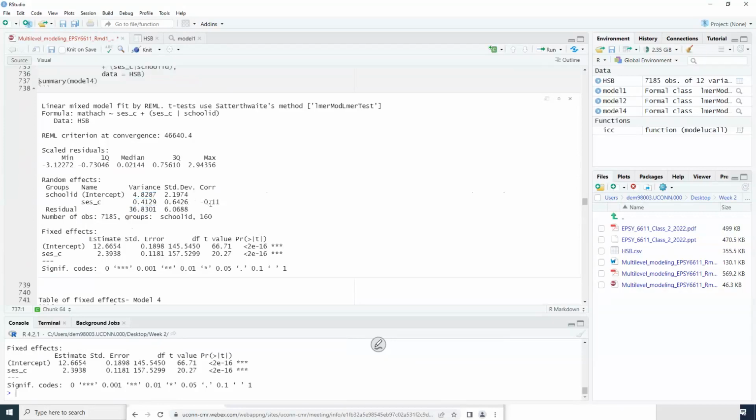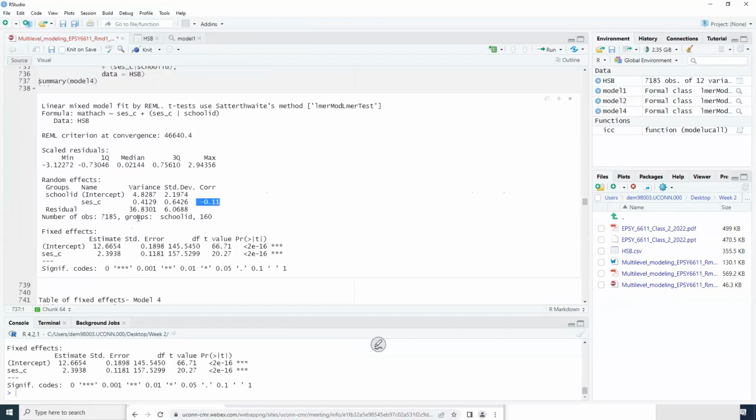And then over here, and this only displays in a standardized metric, I get the correlation between the randomly varying slopes and intercepts. We'll have a lot more to say about that correlation later, but just notice for now that I am estimating 4 different variance components.